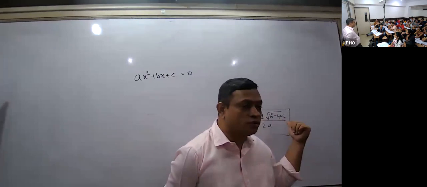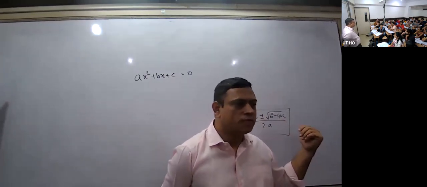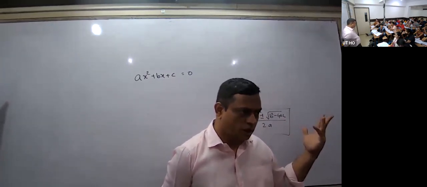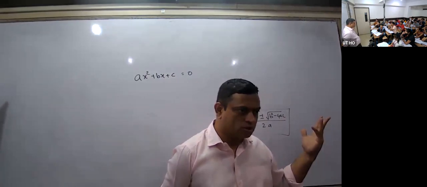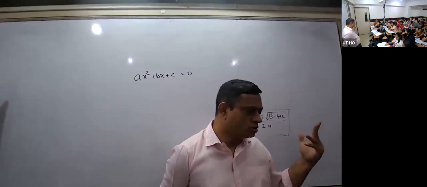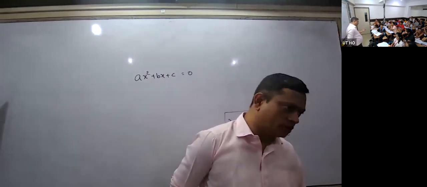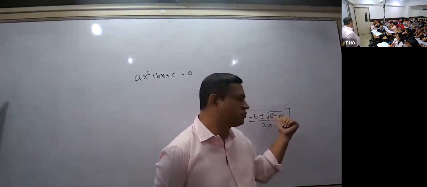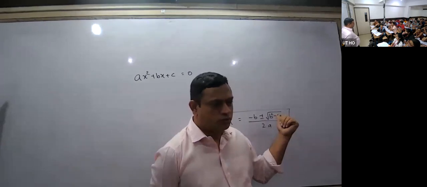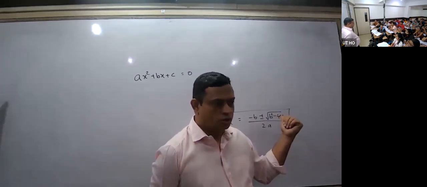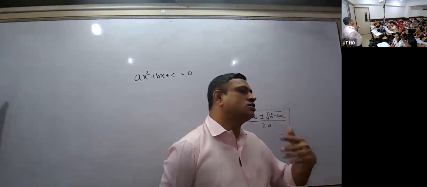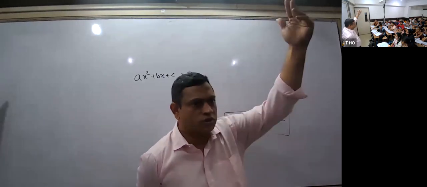The root of negative numbers is not defined. Can you find the square root of negative numbers? In the square root chapter we studied that square root is defined only for positive numbers. If it is minus 4, what is the root of minus 4? You cannot find it. That is why it is called imaginary. The imaginary part we will study later.